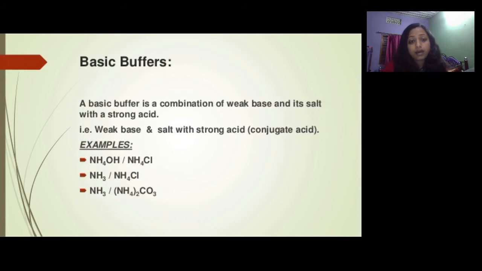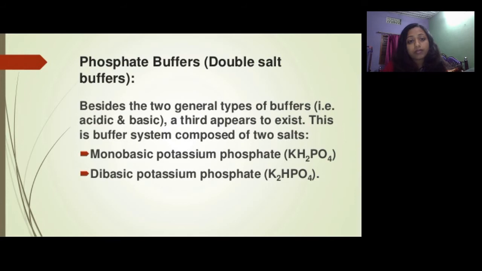Actually, a basic buffer is a combination of a weak base and its salt with a strong acid. For example, you can take ammonium hydroxide and ammonium chloride, a mixture of ammonium hydroxide and ammonium chloride. Now there is one more type, that is phosphate buffers. Phosphate buffers are double salt buffers.